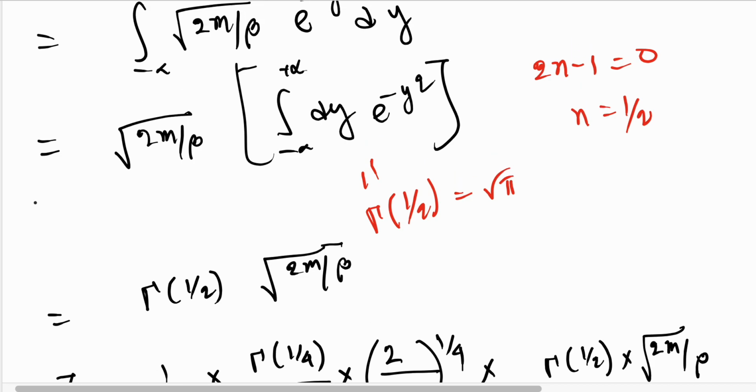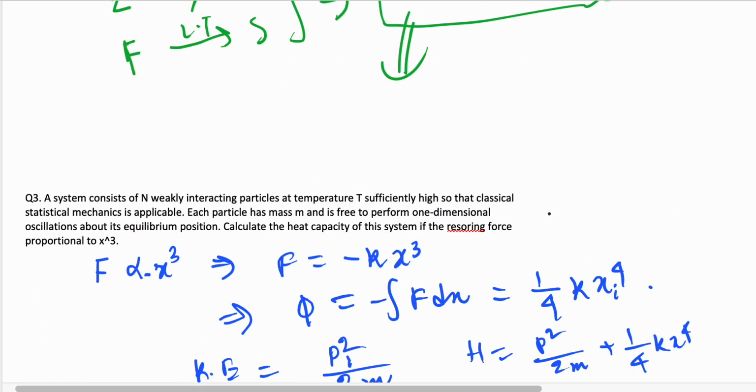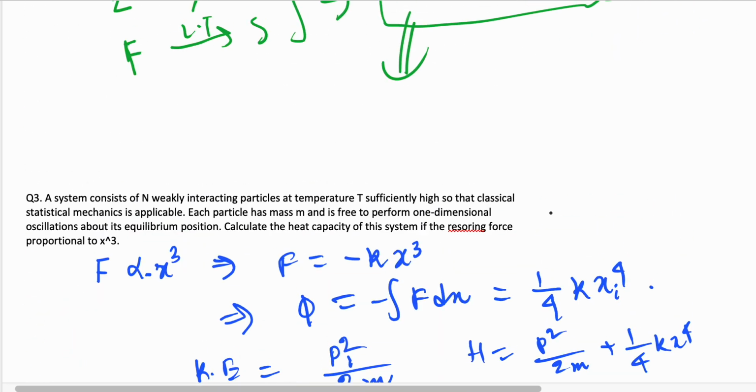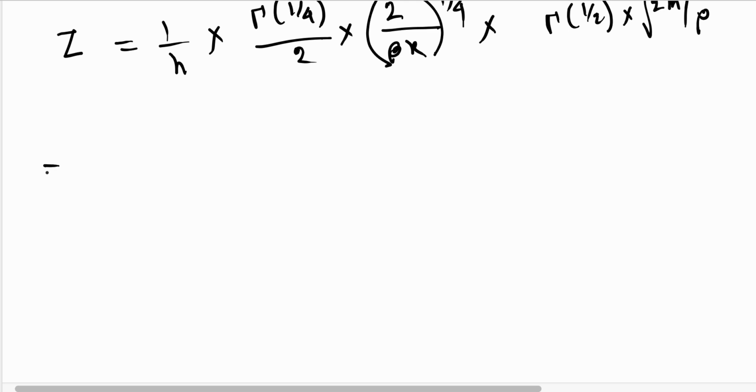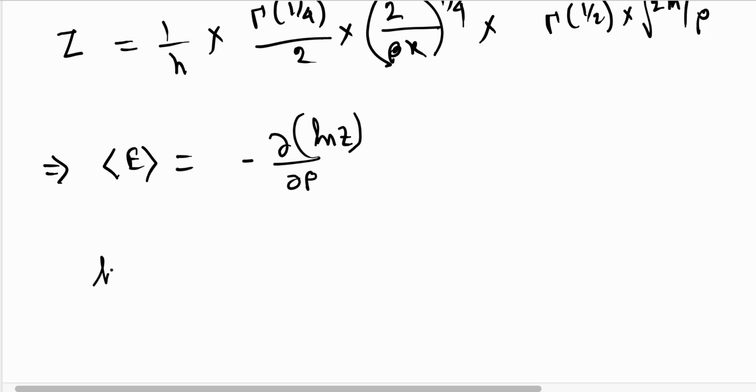Now what we have to calculate is the heat capacity of the system. To calculate the heat capacity, we need the average energy. For the average energy, we have to do minus del beta of ln z. So we have to calculate ln z.